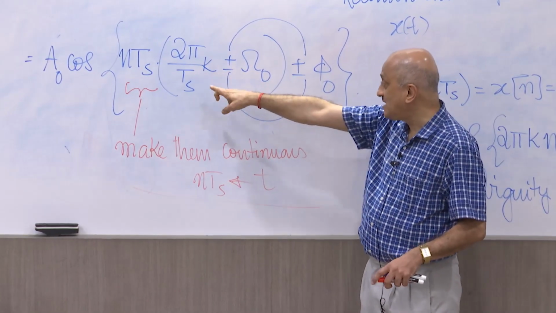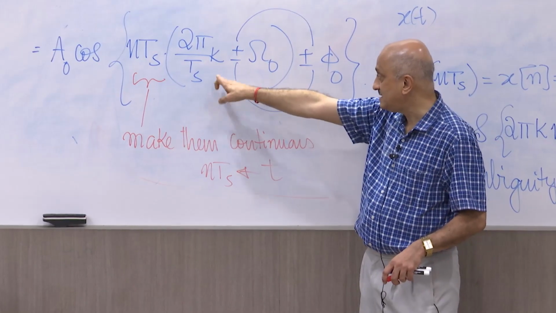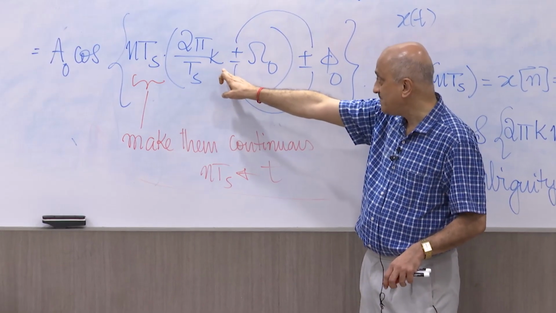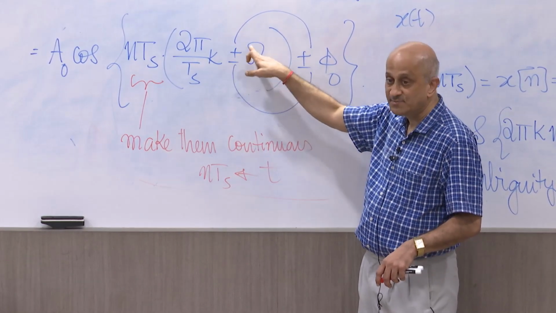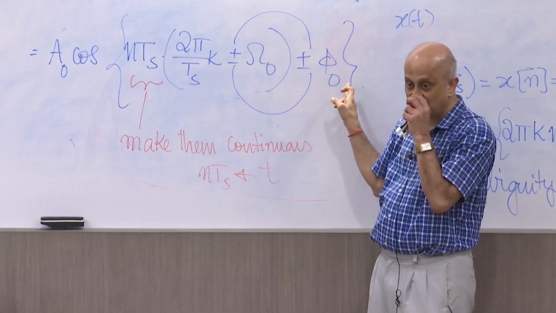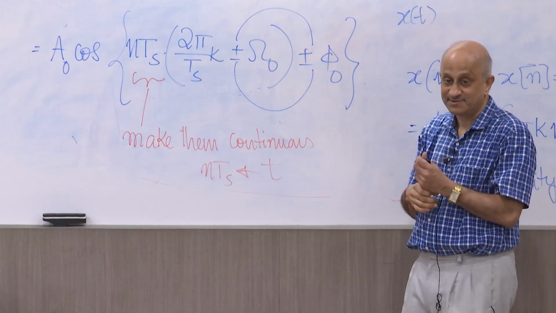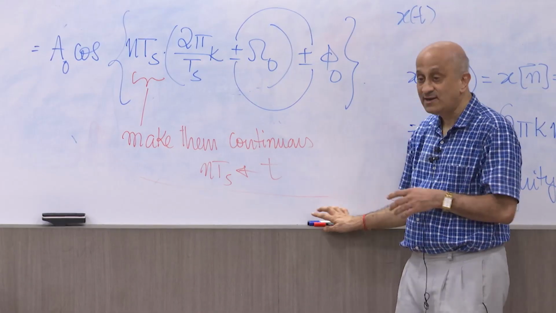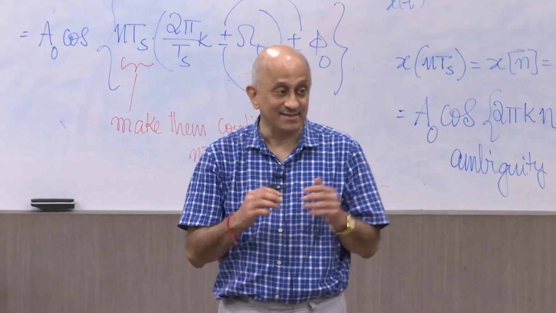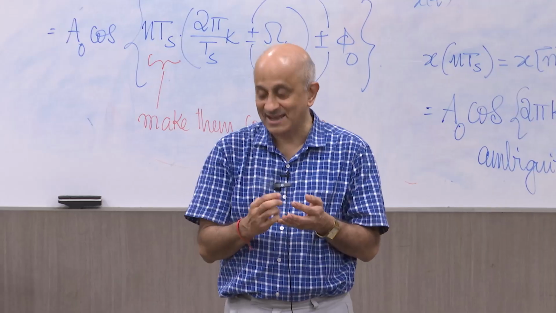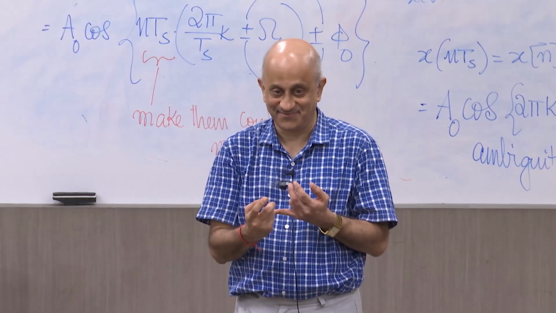You must keep the frequencies and the phases. The frequencies are 2 pi by ts times k, plus omega naught and minus omega naught. If you take plus omega naught, the phase should be plus phi naught. If you take minus omega naught, the phase should be minus phi naught. If you were to add all these sinusoids with the same amplitude and these phases, what would you get? I'd like you to think about this question when we meet again.